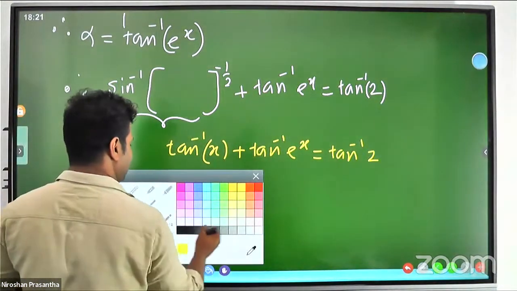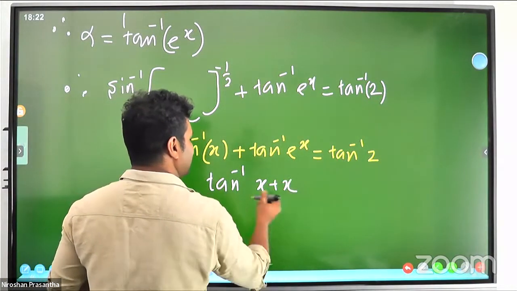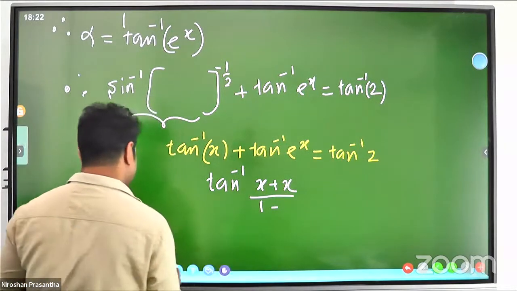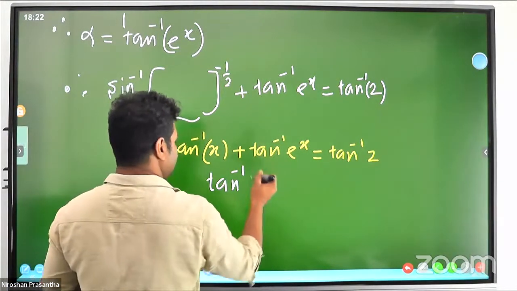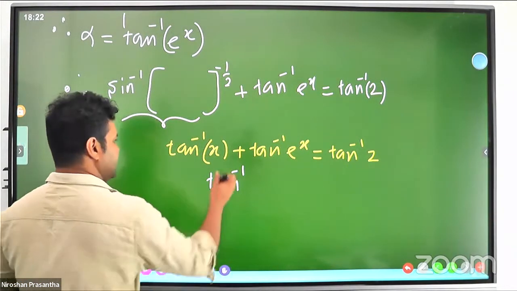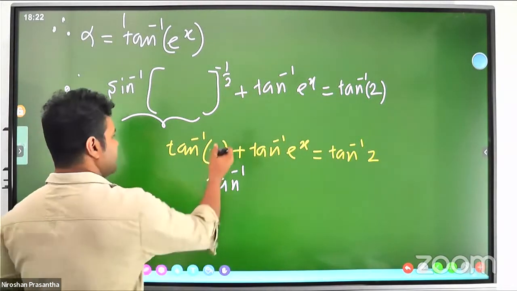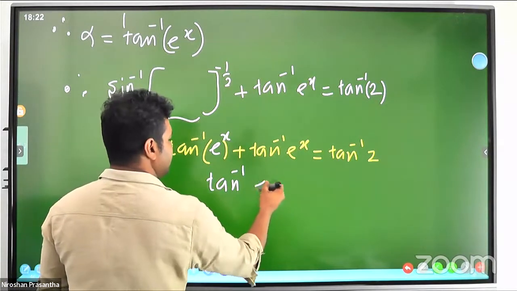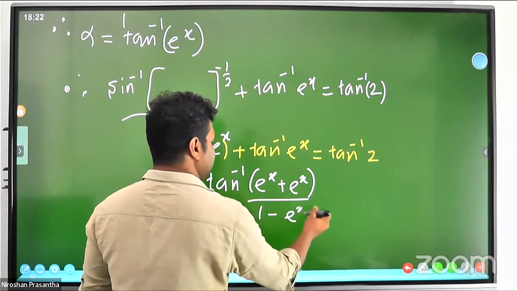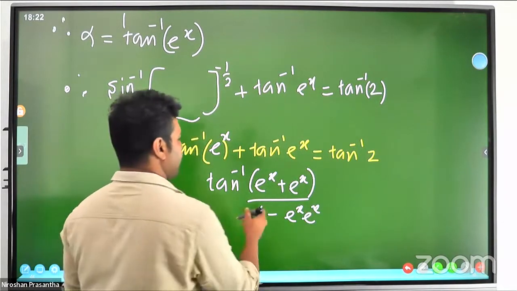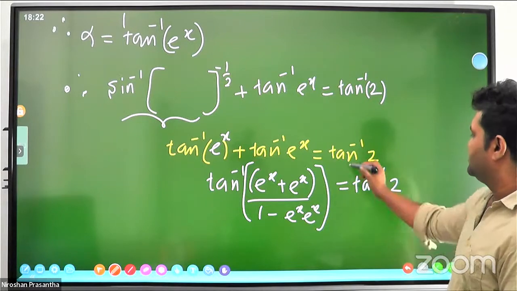Now, this is tan inverse of e^x plus e^x over 1 minus e^x times e^x, equals tan inverse 2.